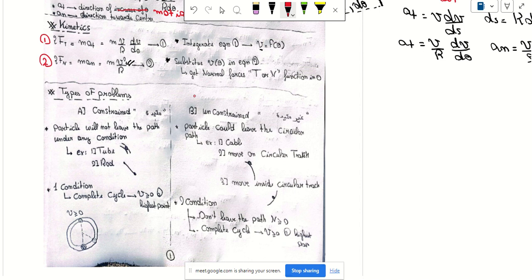How could this be done? It is like moving a particle in a solid tube, and this particle will always be in the solid tube. The particle could move, could stop, but it will never leave the tube. This one is called the constrained case.